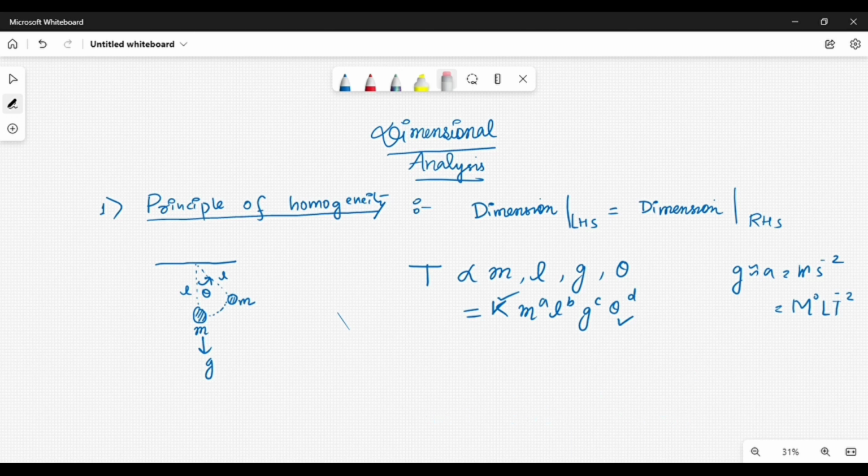I shall get that the time period T is equal to k, mass to the power 0 since a is 0, c is minus half, sorry, and b is equal to minus c, that means b is equal to half. That means L to the power half and g to the power minus half. If I write it in this way, it is k under root of L by g.